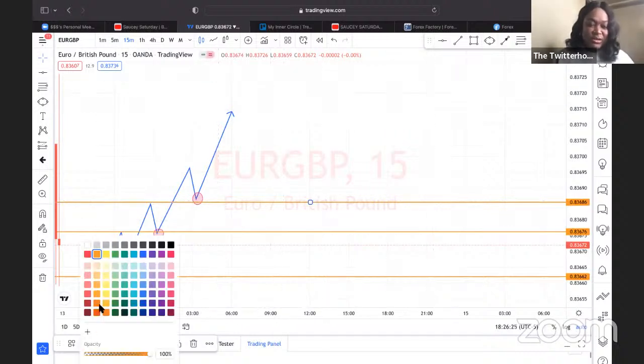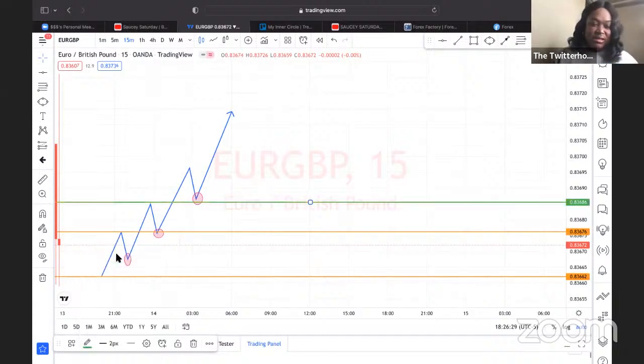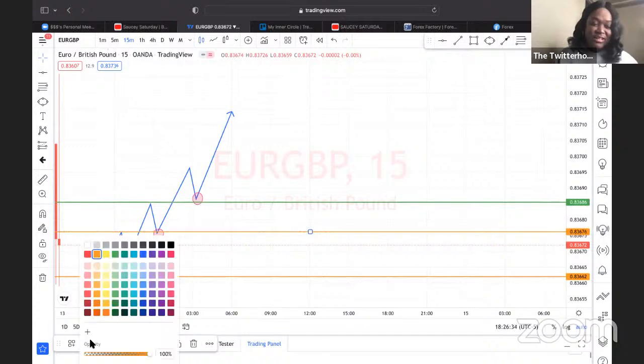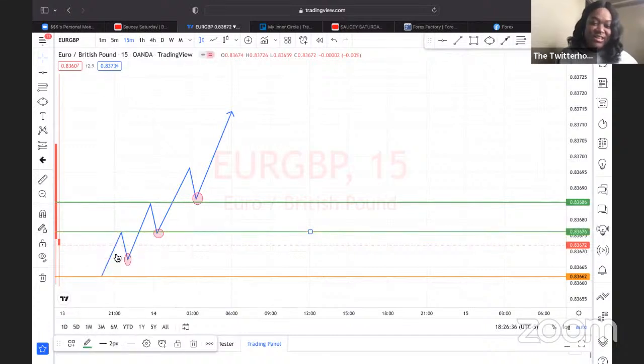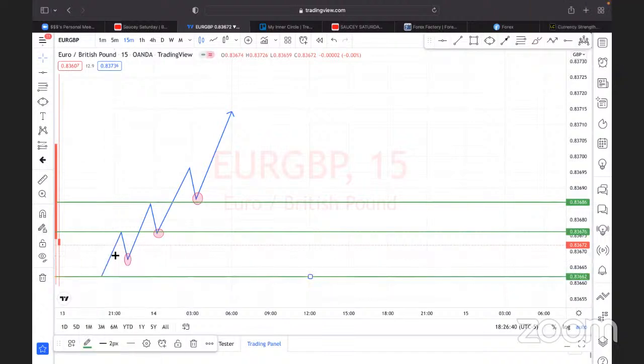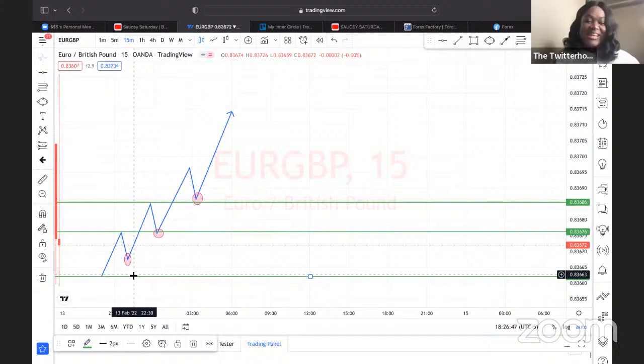Let me change that color to red. Did I say red while picking green? It's higher highs and higher lows. Yes, I'm about to go into that.